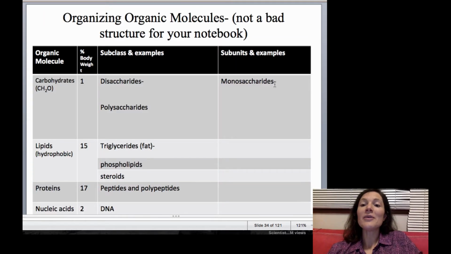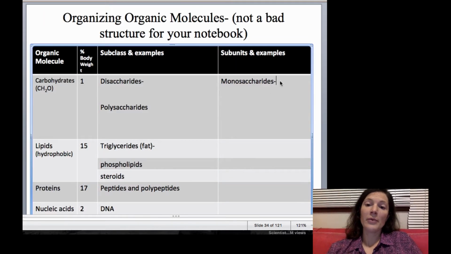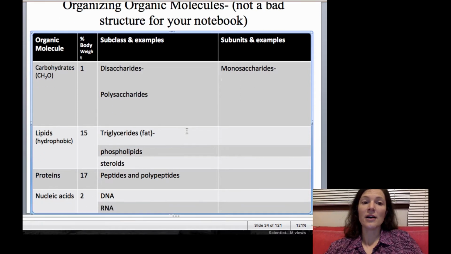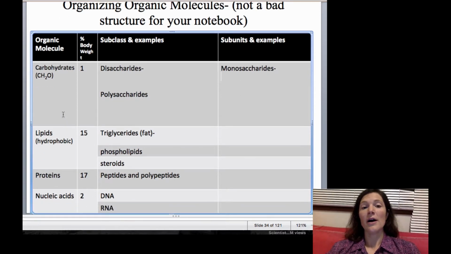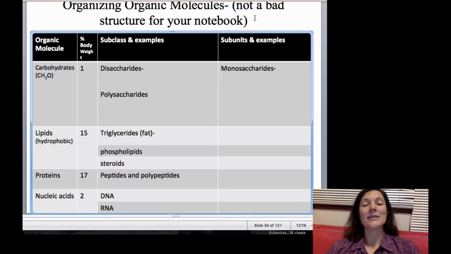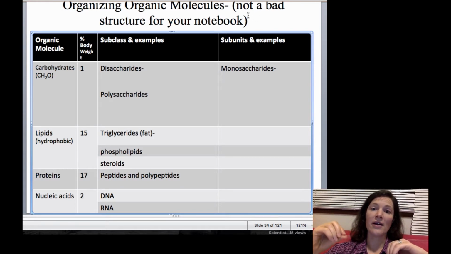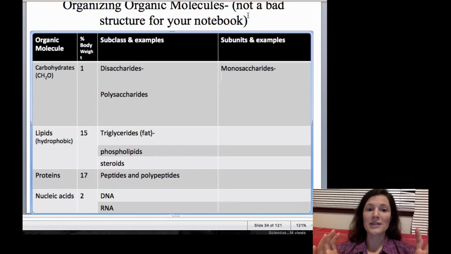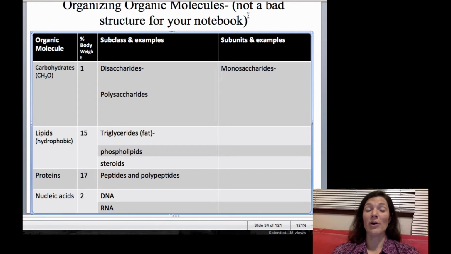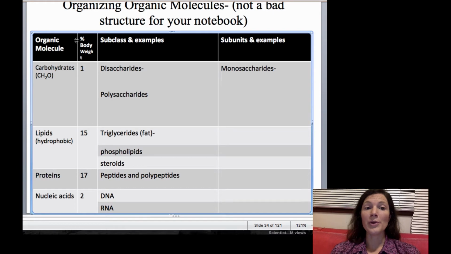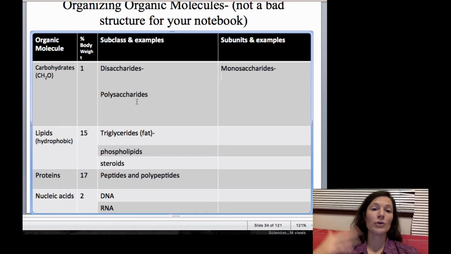In terms of the simplest subunits, we basically have these four classes of organic molecules. And this honestly would be a really great thing to take a full page of your notebook and make in there. If you want a snapshot of most of the kinds of molecules that I need to know about, you might not want to make the whole chart first; go through and leave enough room for carbohydrates, and then just add on categories as you go down.